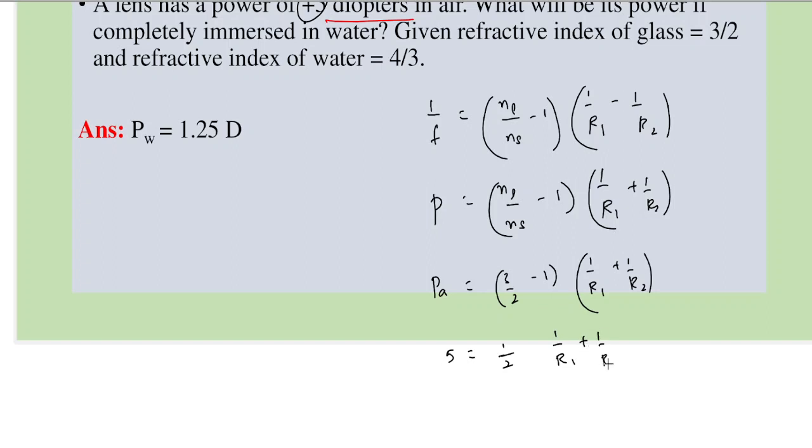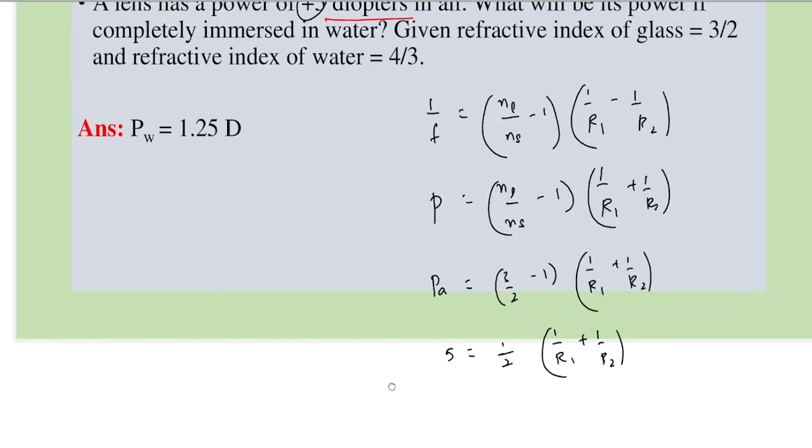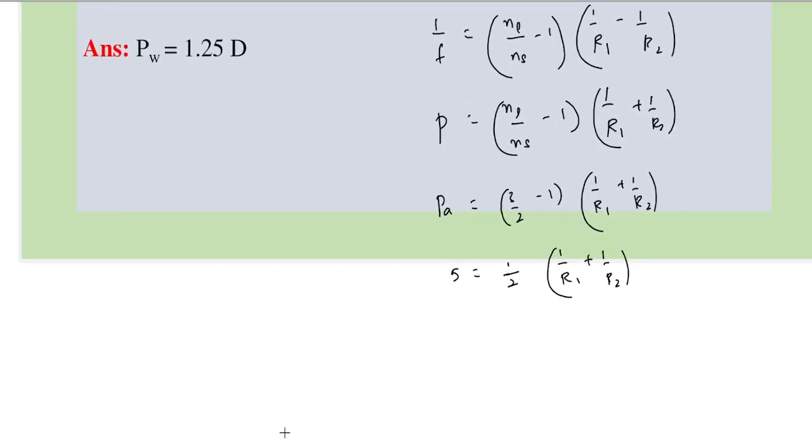Now if you look at the second case, the question says what will be its power if it is completely immersed in water. Use the same form, then what we get is the power in water. I just write P in water, that is equal to N for lens, which is 3 by 2, and N for surrounding would be 4 by 3, because 1.33 is 4 by 3.